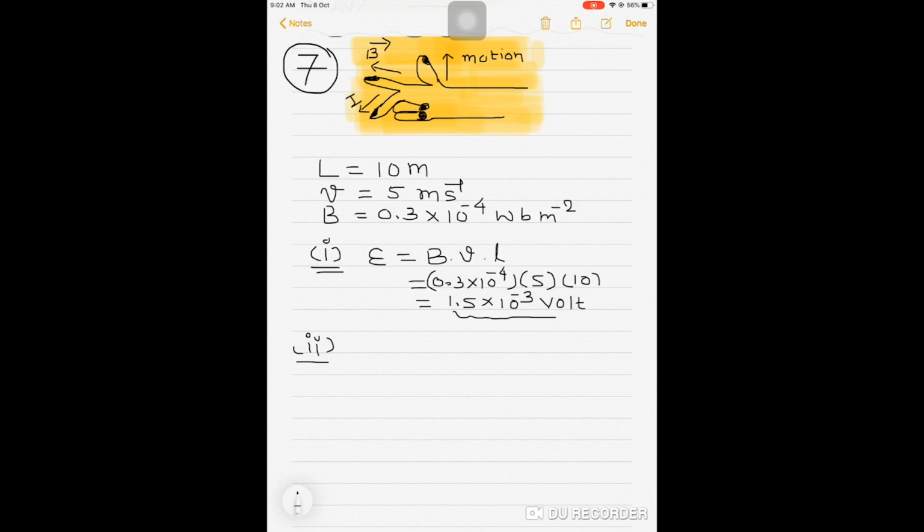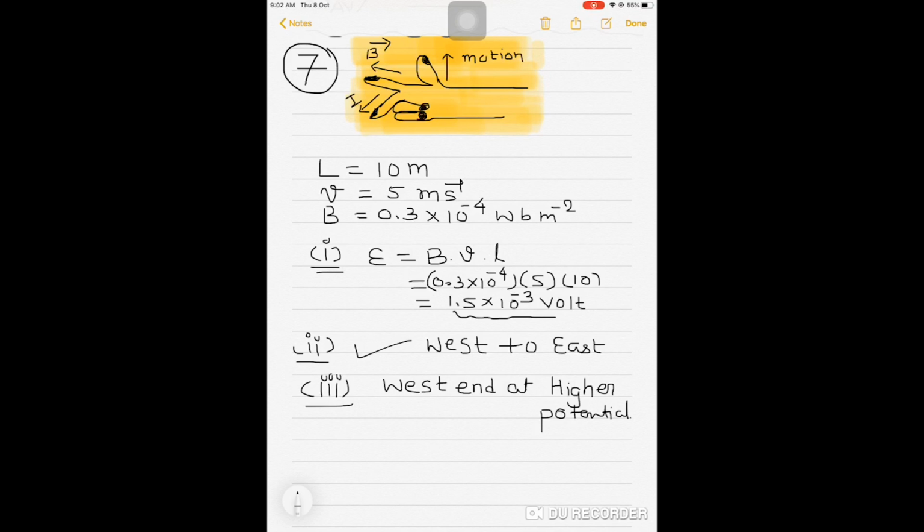Current always flows from higher potential to lower potential, so the west end would be at higher potential. So that is example number 7 from the figure and the book.